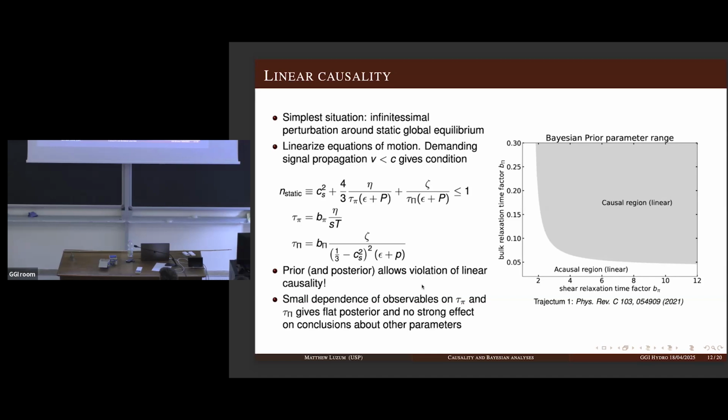If you're infinitesimally close to equilibrium, if your theory has any hydrodynamic regime at all, hydrodynamics should work, so it should have values that are within this. There's only one in the linear case.